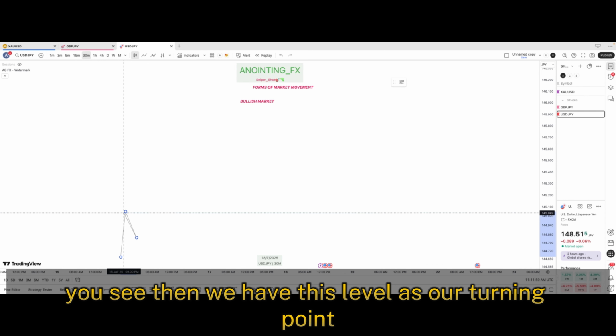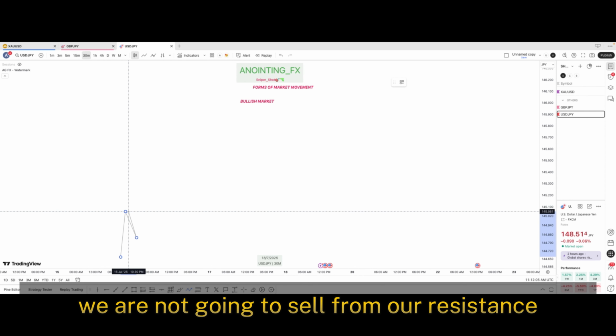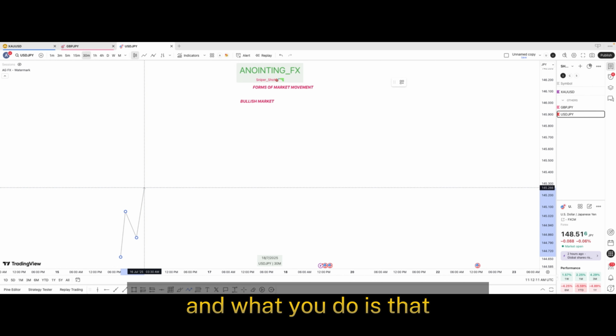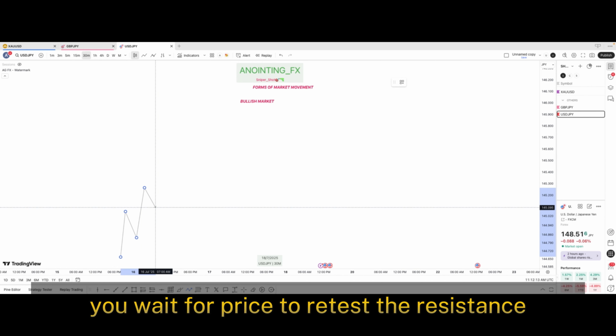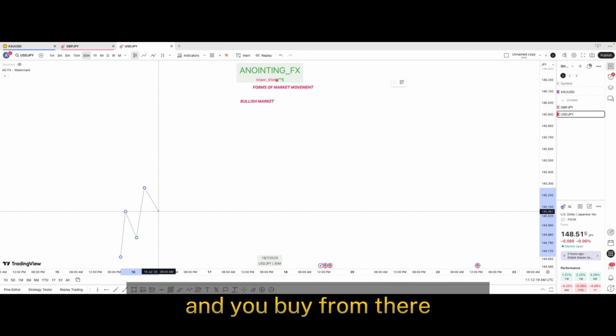Then we have this level as our turning point, which is our resistance. But in the bullish market, we are not going to sell from our resistance. Price is going to break above the resistance, and what you do is wait for price to retest the resistance which was broken and has now become your support level, and you buy from there.